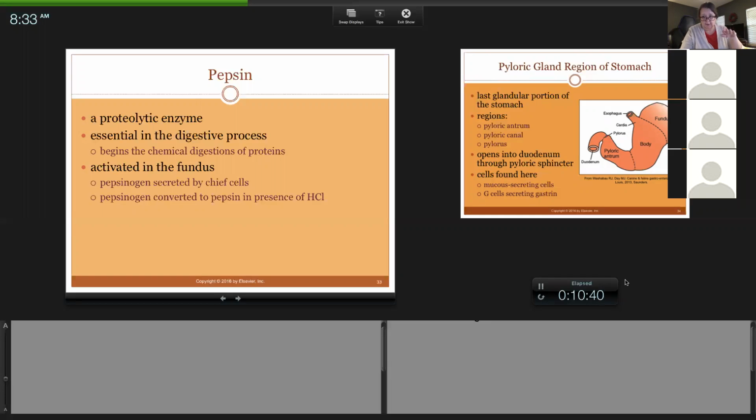Pepsinogen is not active. Once pepsinogen is secreted, it will mix with hydrochloric acid. HCl is hydrochloric acid, the stomach acid, and it will activate into pepsin. So pepsinogen needs to be activated in the acid, and then you've got pepsin.